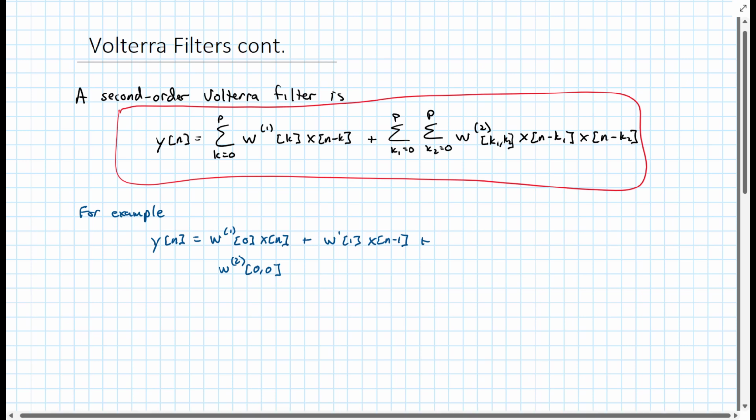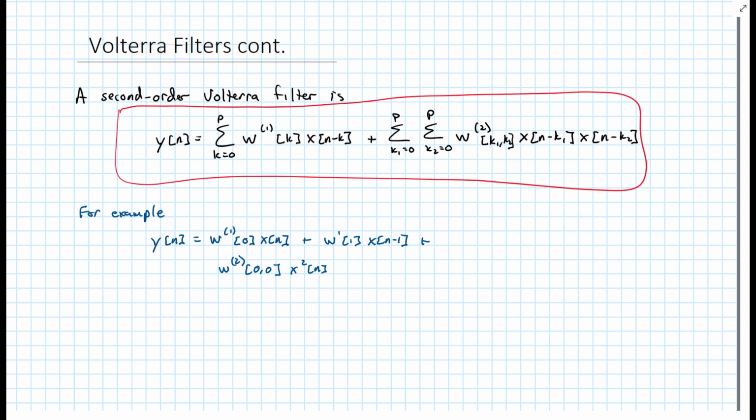Okay, so w2(0,0) x squared of n plus w2(0,1) x(n) x(n minus 1) plus w2(1,1) x squared of n minus 1.